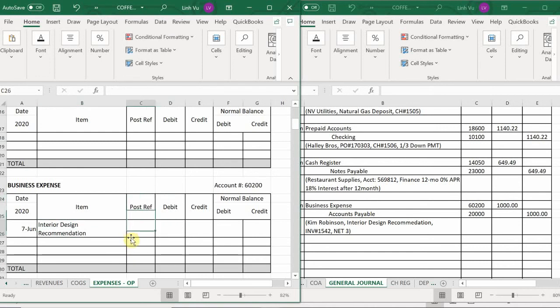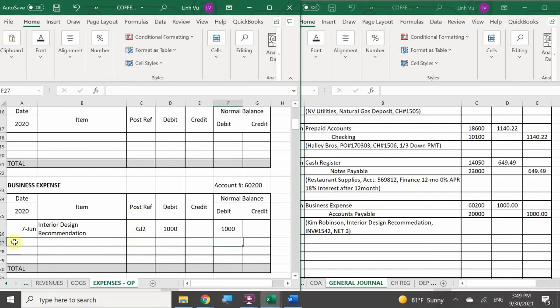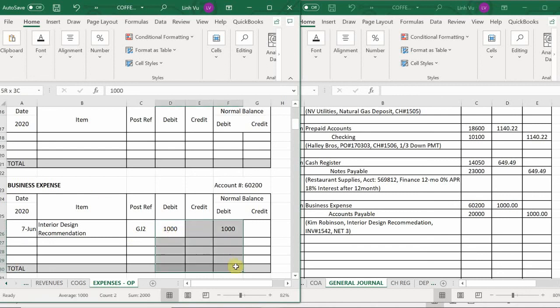What's your post reference here? It is General Journal number 2. Did you debit this account? Yes, by $1,000. We increased our expenses by $1,000.